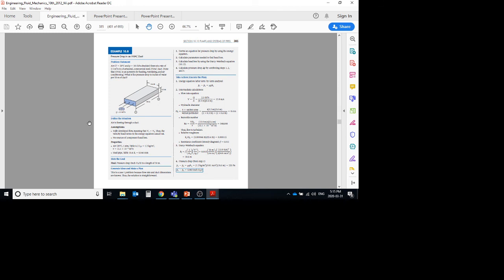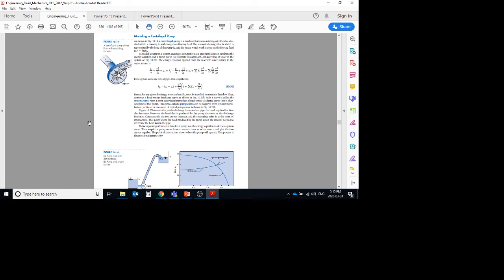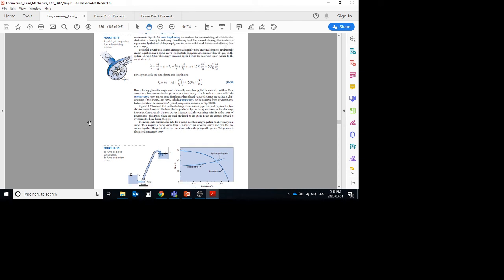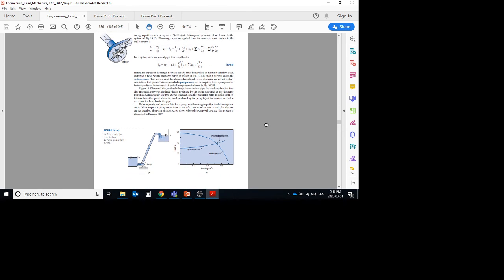So this is one of the examples of that. Pump: again, we already know what a pump is. A pump is a device where the input is energy; we put energy in the pump, the impeller rotates, and we get the fluid flow. So this is the equation for the pump.